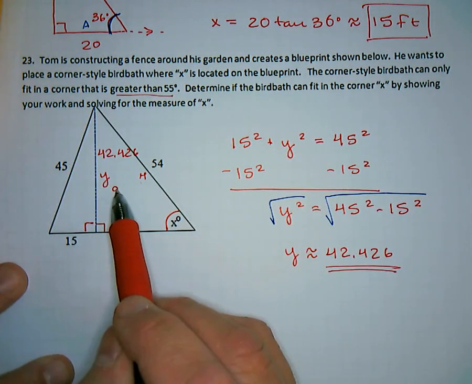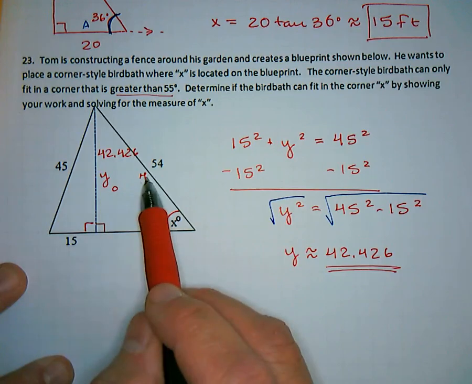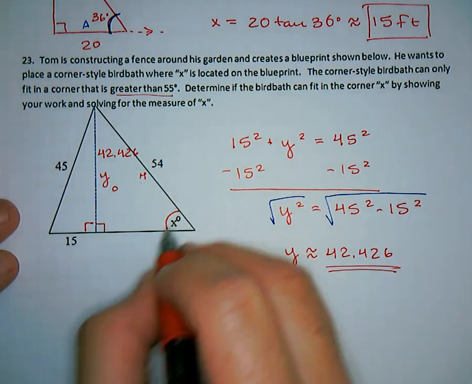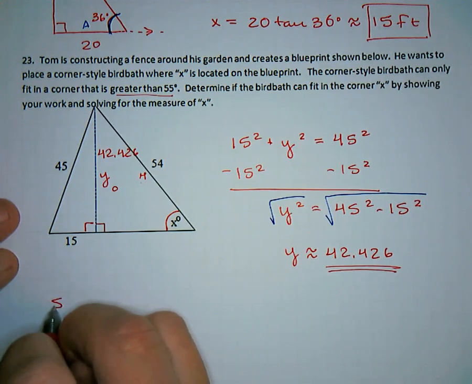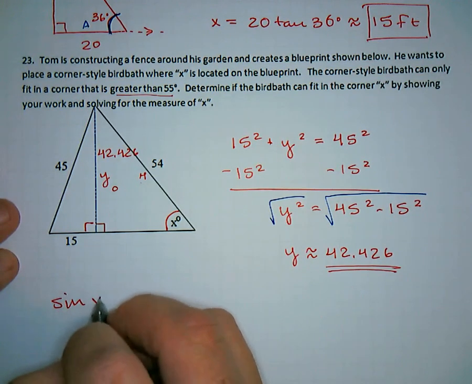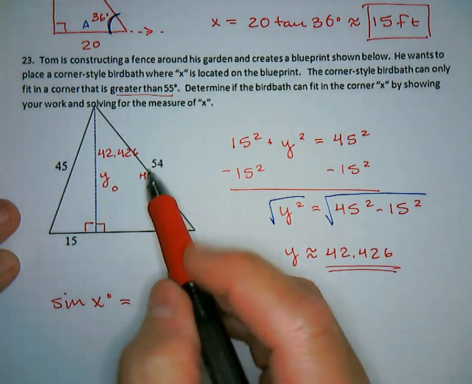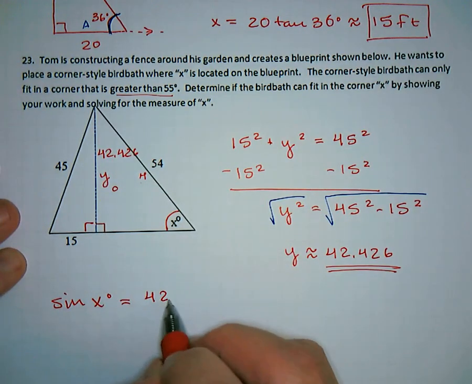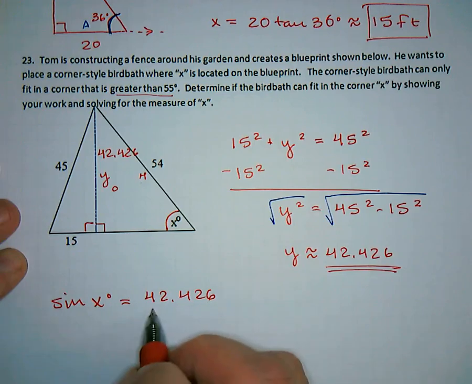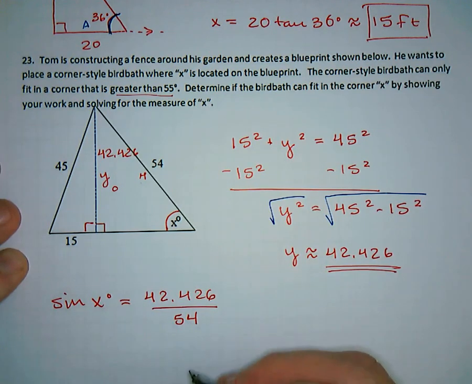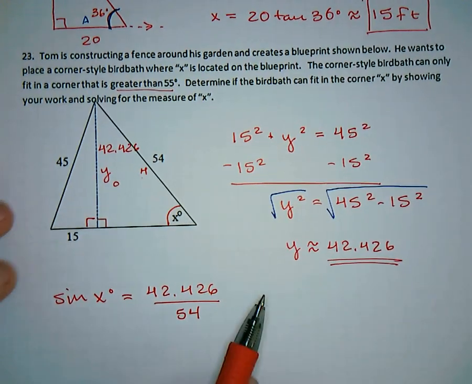If I've got an opposite and hypotenuse, opposite hypotenuse once again is a sine function. So we're looking for this angle. So the sine of that x angle is the ratio opposite over hypotenuse, that 42.426 over the 54. Now, this is a missing angle problem.